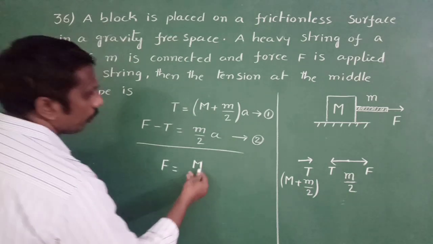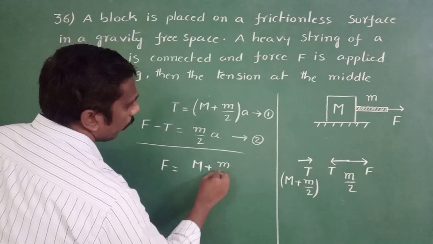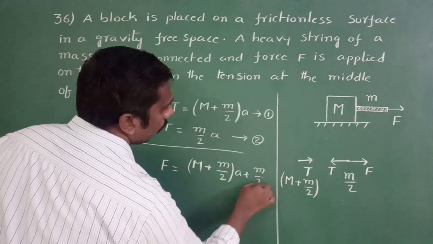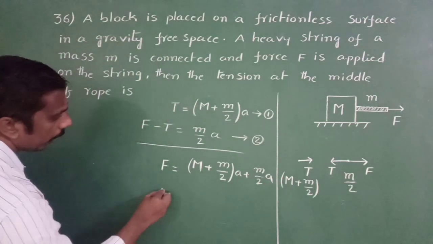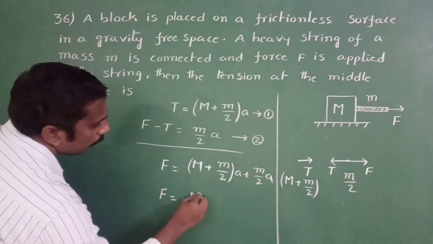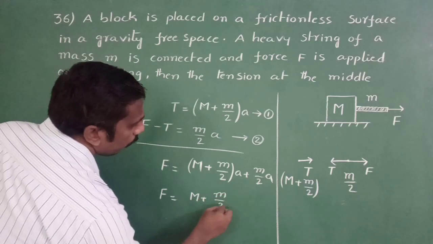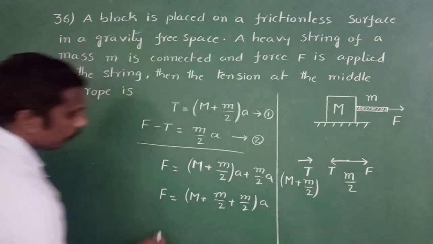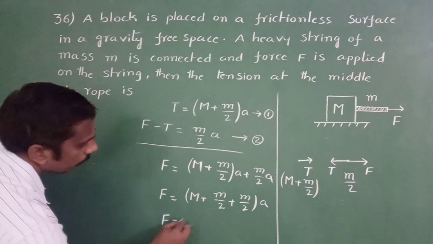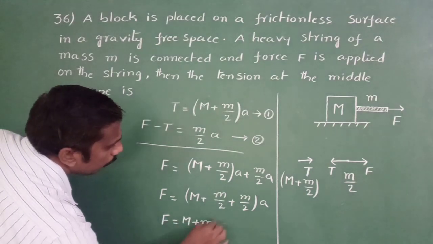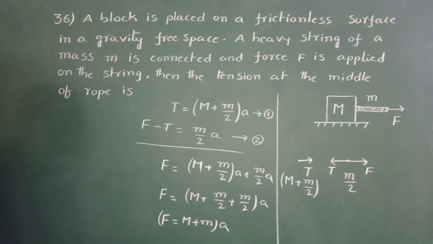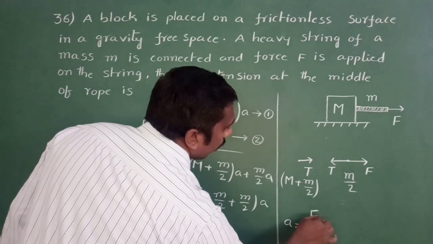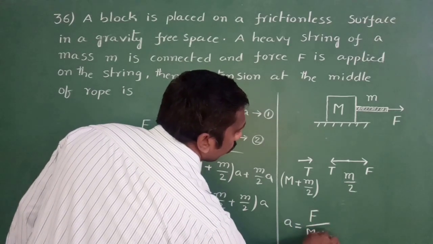(M + m) by 2 into A plus m by 2 into A. If you take A common, then you get (M + m) by 2 plus m by 2 into A. From this we get F is equal to (M + m) into A. From this, acceleration A is equal to F by (M + m).